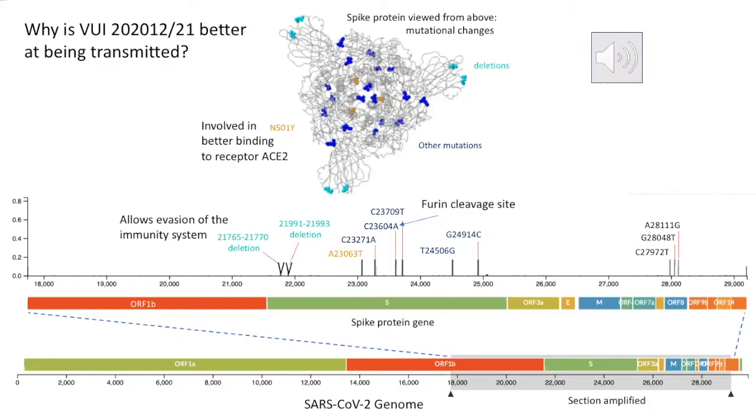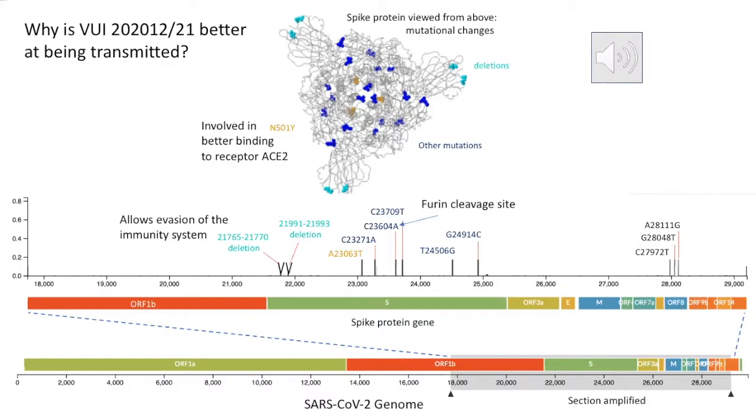The other mutations occur in genes ORF1A and the N gene. But the mutations that are of greatest interest are those that have happened in the spike gene. It is these mutations that are important because they can improve or decrease the efficiency with which the virus enters its host cell.